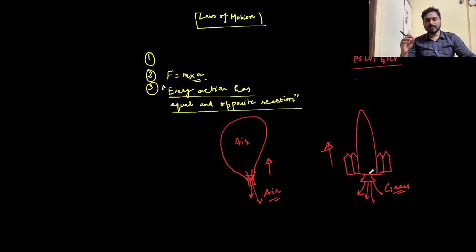How do we produce these gases? Do you want to know how we produce these gases in a rocket? I'll just take some time to explain how it is produced. In a rocket, in order to produce hot exhaust gases, you need fuel.